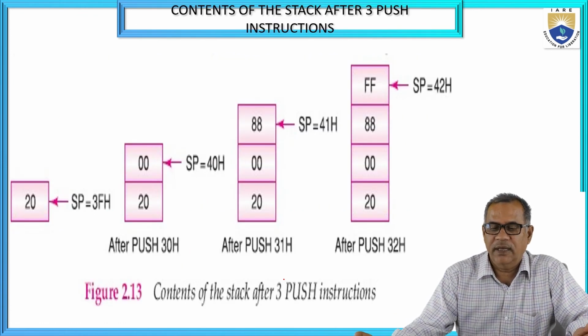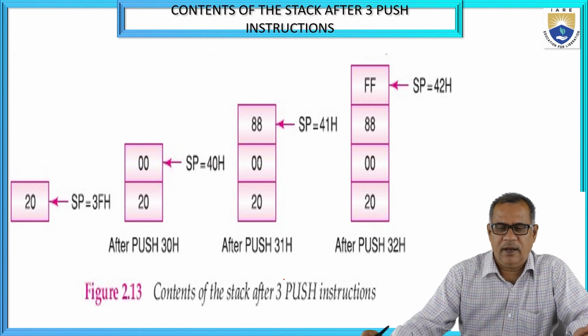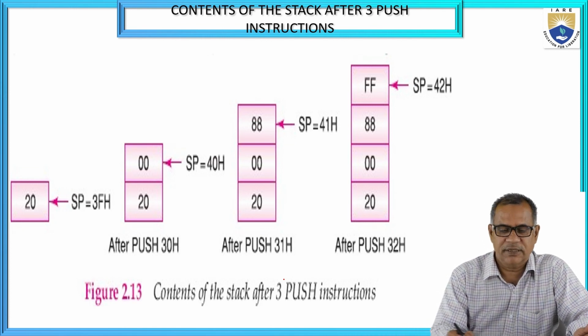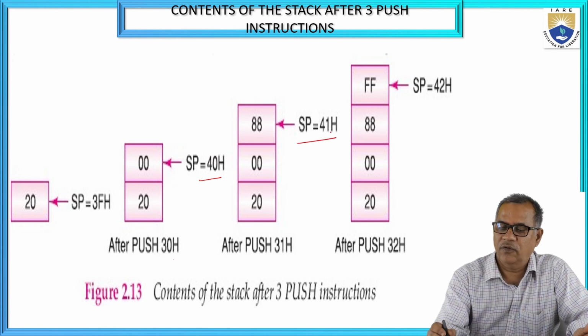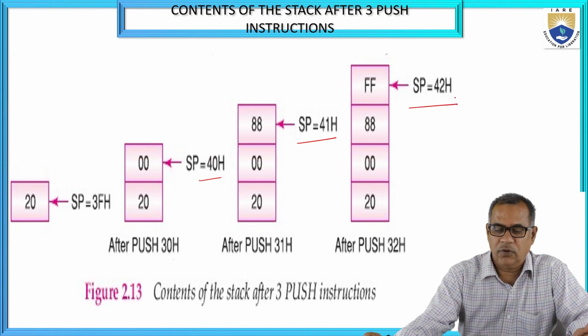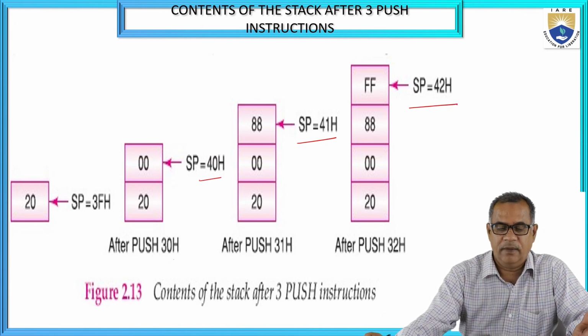And you see here, for the stack we use the push and pop instructions. After one push instruction, the stack pointer is incremented to 40H, after 2 operations it is incremented to 41H, and after 3 it is incremented to 42H.